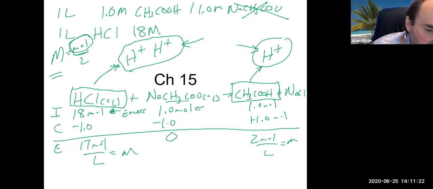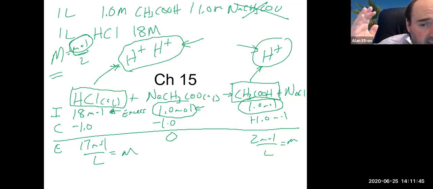And in this particular buffer, you only have 1 mole of each of those components available to react. So if you add in there, like we did in this example, way too many moles of HCl, there's no way that that buffer could really handle that. And it would no longer be able to act as an effective buffer because you basically, as I just mentioned, blew right through the base part of it.